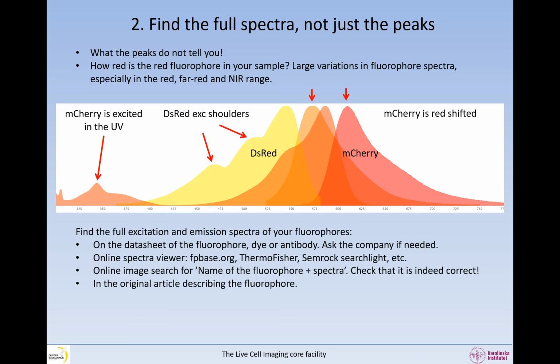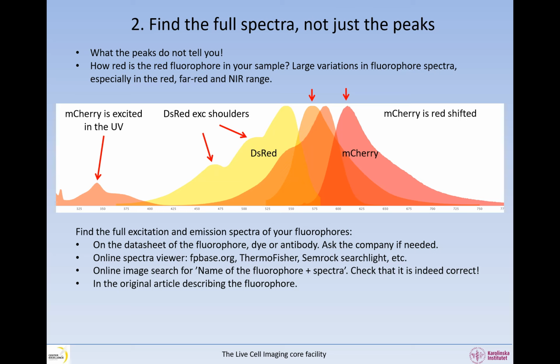To find the full excitation and emission spectra of your fluorophores, where can you do that? You can go to the datasheet of the fluorophore or the dye or the antibody that you have purchased. If it does not show the full excitation and emission spectrum of the fluorophore, ask the company, they must give it to you. You can also go to online spectra viewers like fpbase.org, Thermo Fisher, Semrock, which all have excellent spectra viewers that you can use.